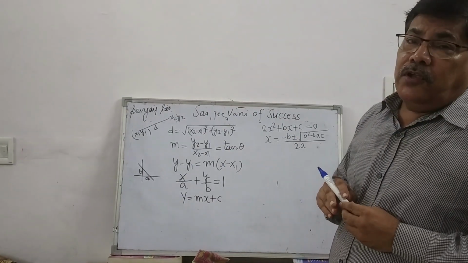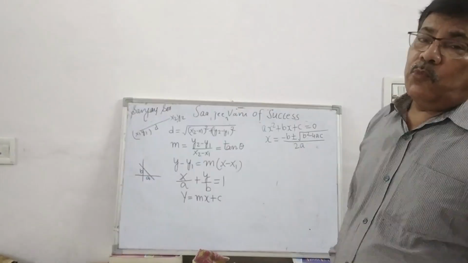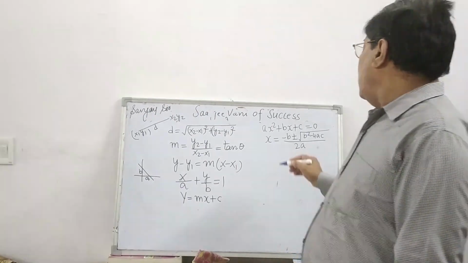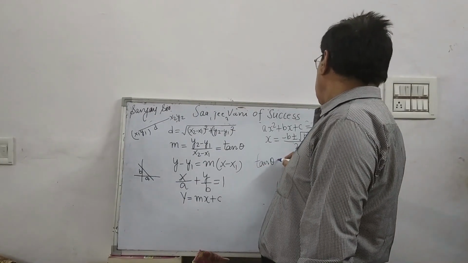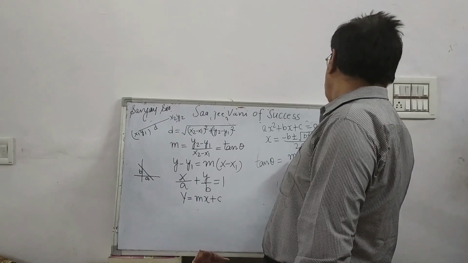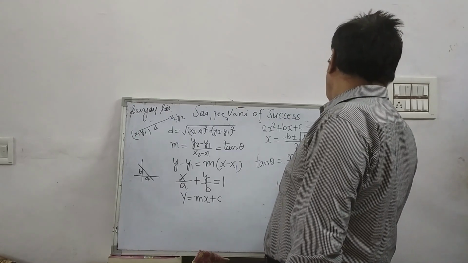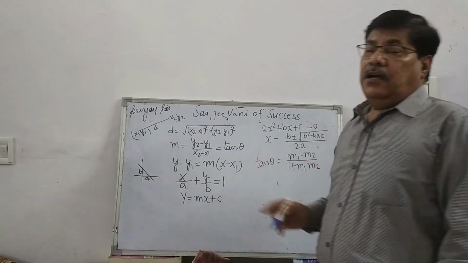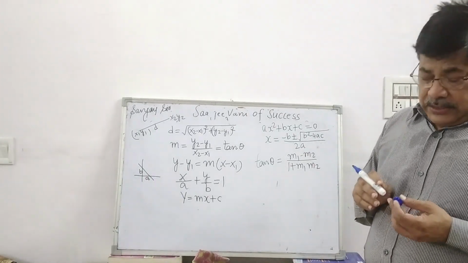Now, how will you find out the angle between two lines whose gradients m1 and m2 are given to you? The formula for that is tan theta equal to m1 minus m2 upon 1 plus m1 m2, and this is the formula for finding out the angle between two lines.